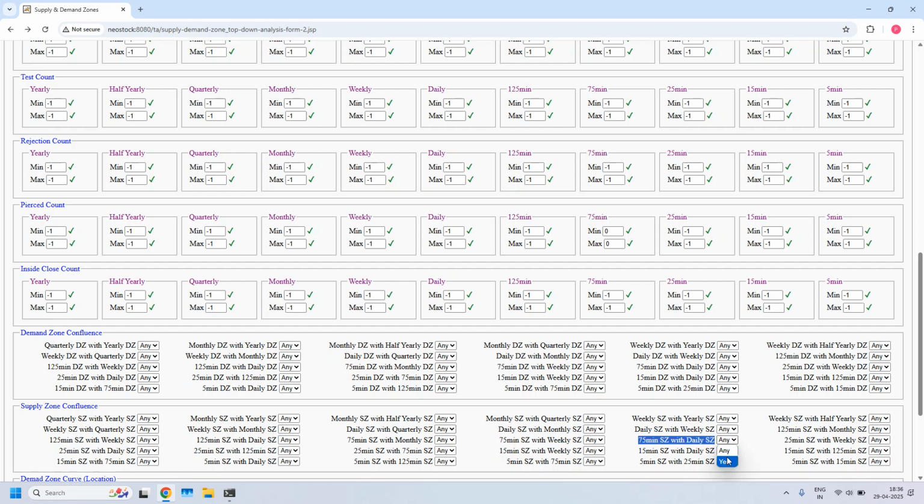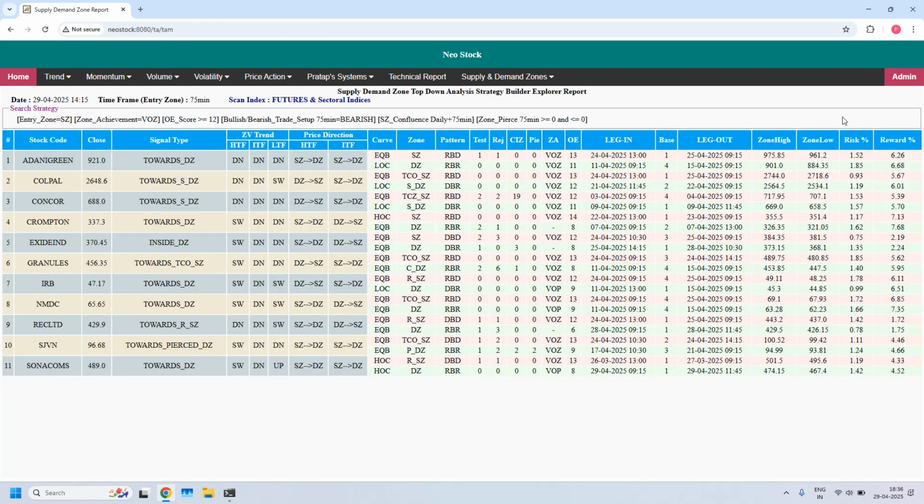So I am enabling the filter. With this filter, out of 11, all 11 stocks are filtered. That means in all the 11 stocks, these 75-minute supply zones are overlapped with the daily supply zone, and the daily trend, ITF trend, is down in all the stocks.